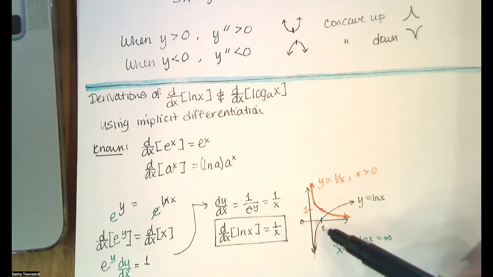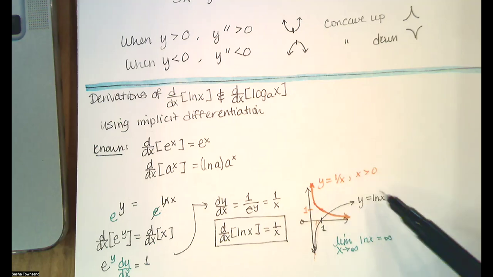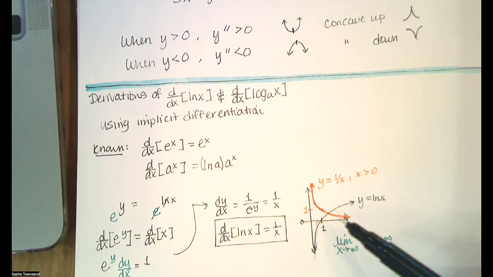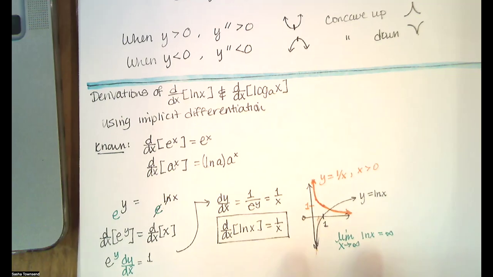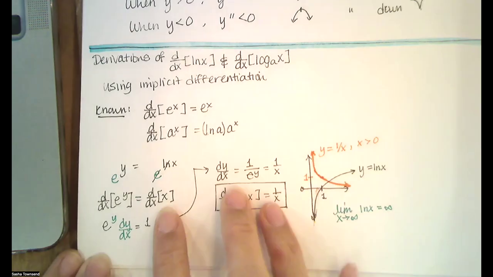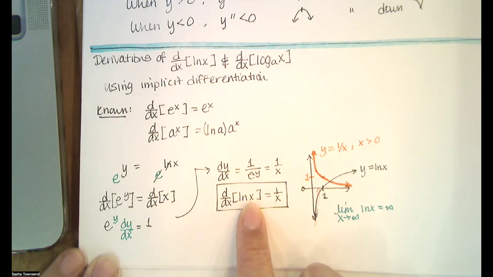But what we're saying here is that as x goes to infinity, while natural log of x continues to increase, it just doesn't increase very fast at all. This slope gets smaller and smaller, closer and closer to 0 as x goes to infinity. So we could see that on a graphing calculator, but we've just drawn it. But this is how we can derive that formula using implicit differentiation.